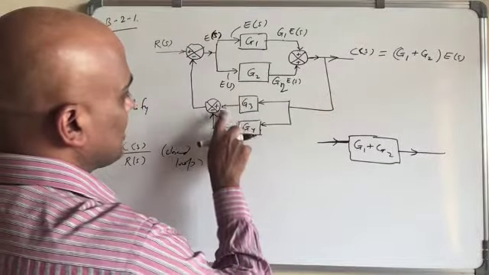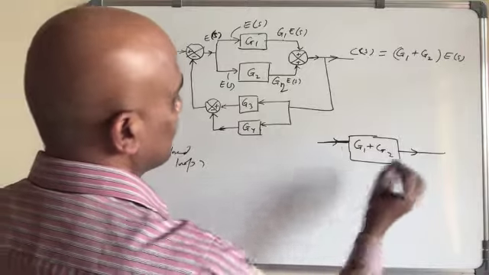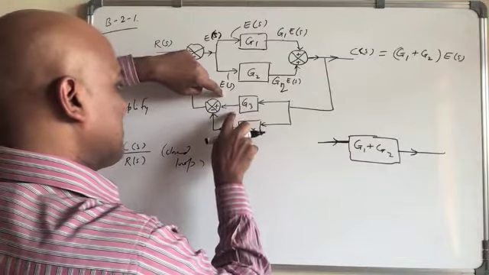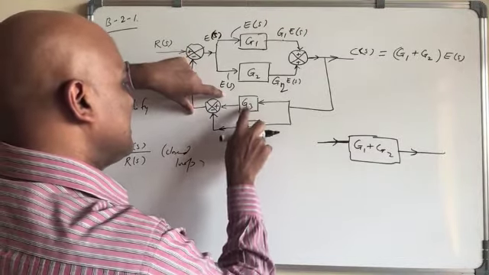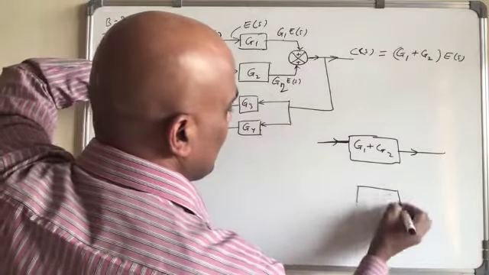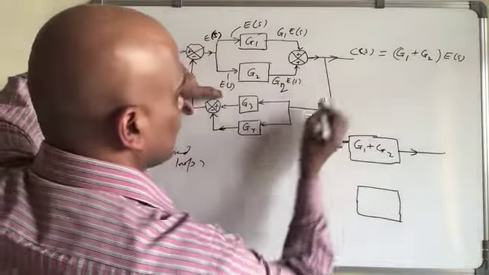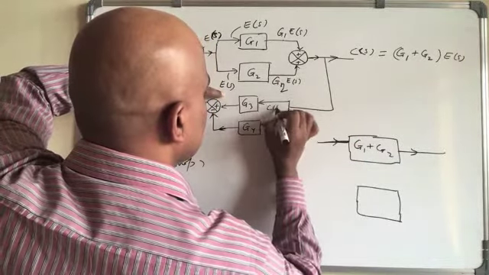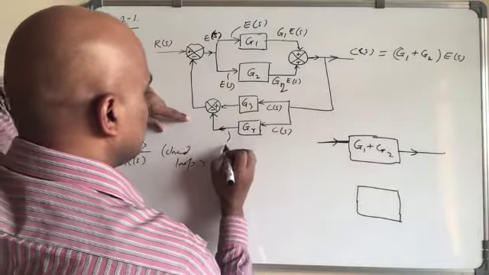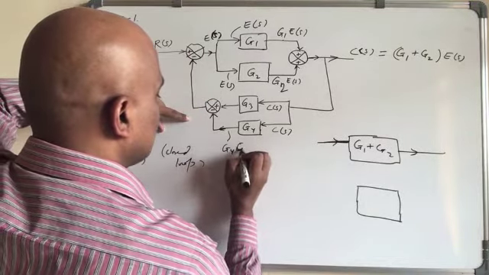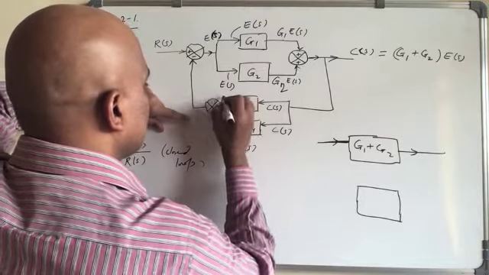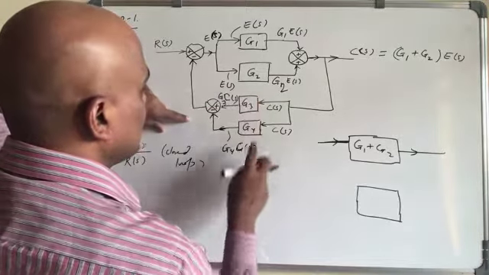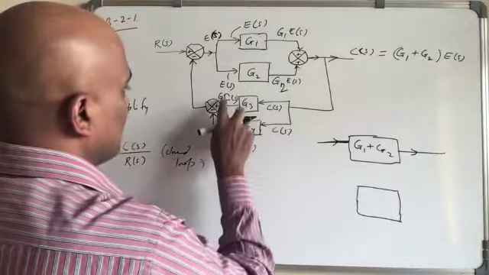Similarly, if you see here, this is plus, this is minus, so accordingly you have to do. Hence this will be G3 minus G4 here. So this is C(s), this is also C(s). This one is G4 times C(s), this becomes G3 times C(s), and plus and minus.